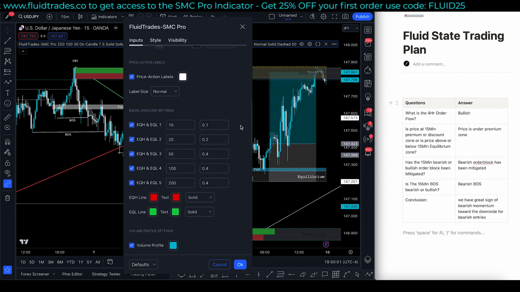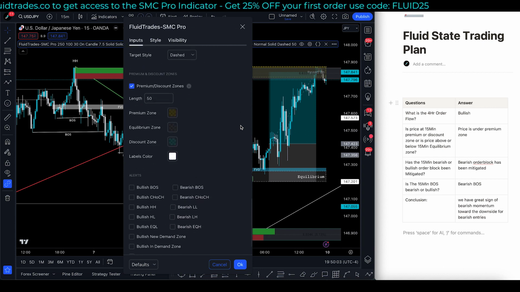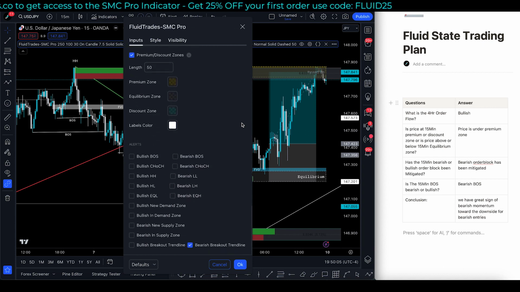We have multiple features in here, even such as alerts for you to get an indication of where the market is at or what price has done with this indicator, whatever market you're in.